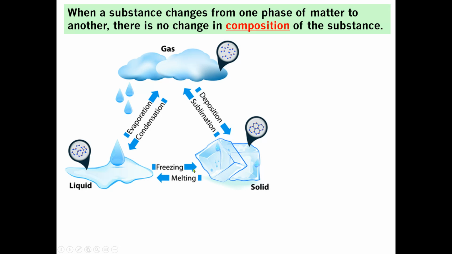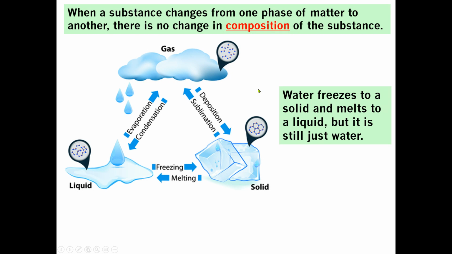And if we melt it, it's still H2O. And if we give even more kinetic energy and we start doing evaporation, we still have H2O particles. The particles are still the same. The molecules are still the same. Water freezes to a solid and melts to a liquid, but it's still H2O. It's still water.